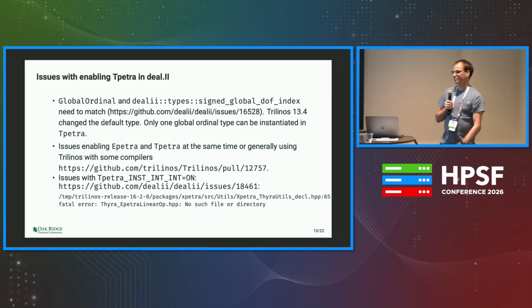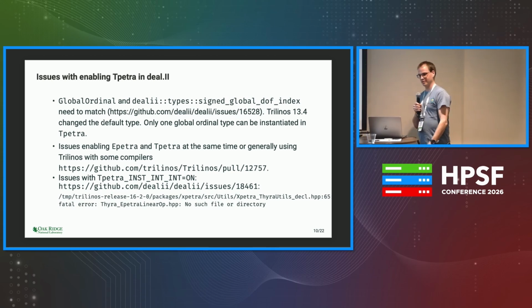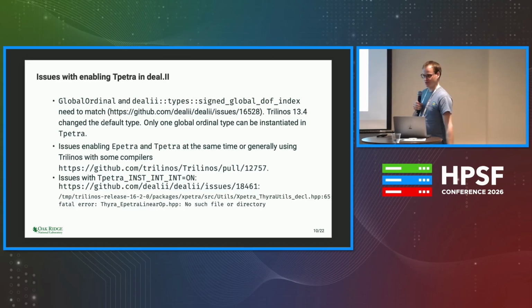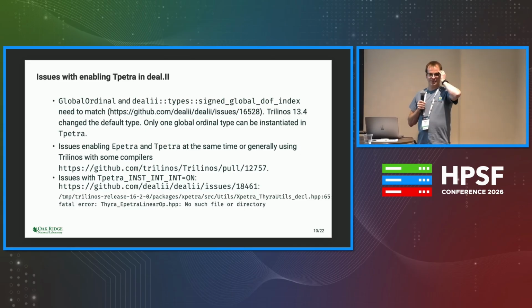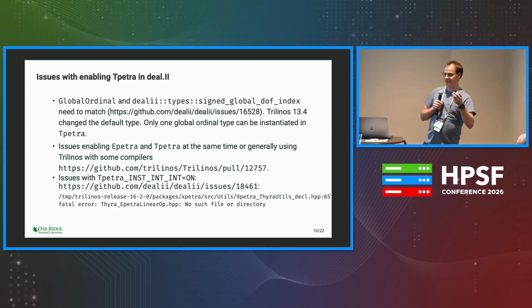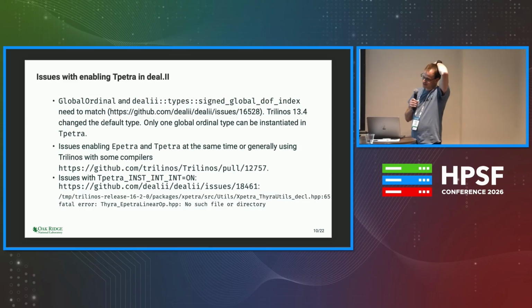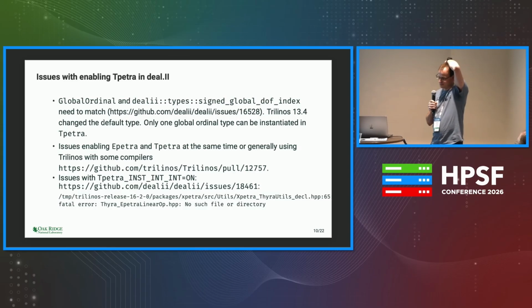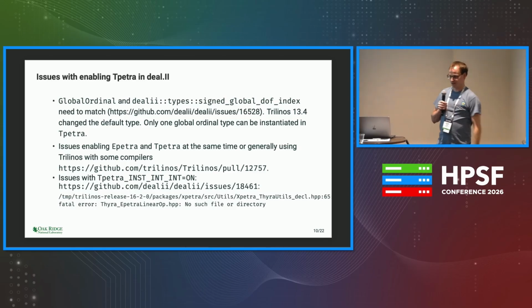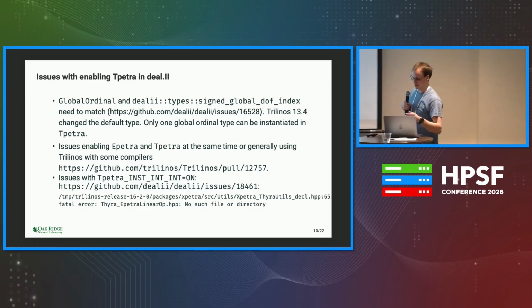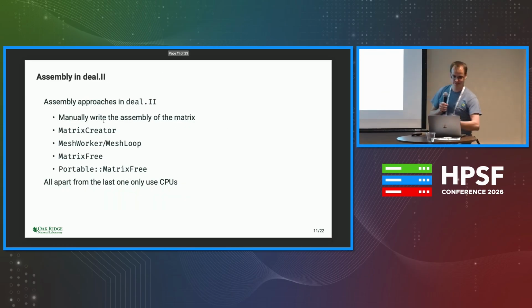What's a little interesting here is we are supporting Trilinos all the way back from 13.2, and the default changed in 13.4, so that's a little bit of an annoyance. Someone that uses an old version really needs to pay attention to what ordinal type to enable in deal.II, and that depends on the Trilinos version now. Unfortunately, a little bit, but okay.